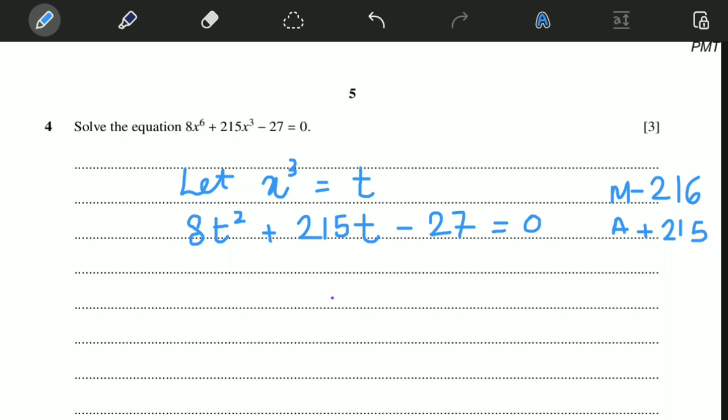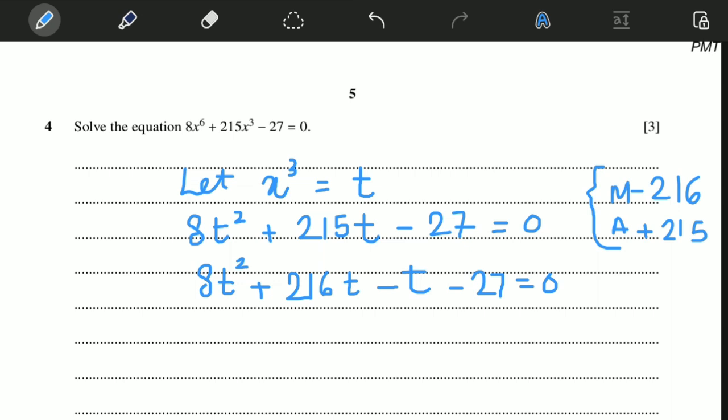You can simply do it like 216t minus t, which when multiplied will give you minus 216t, and when added or subtracted it will give you 215t. So this is how we break the middle term. Maybe you use some other method, but this suits me best.